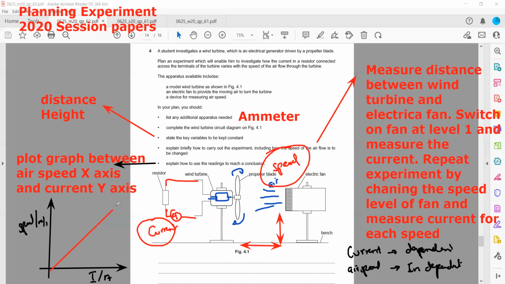But if they are inversely proportional, then the graph between them will be a curve. But again, as I mentioned, we don't have to mention they are directly or inversely proportional. We just have to plot a graph between current and the speed and check the relation: if it is a straight line, it means they are directly proportional. If it's a curve, it means they are inversely proportional.